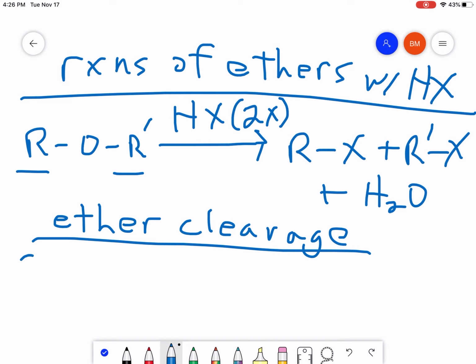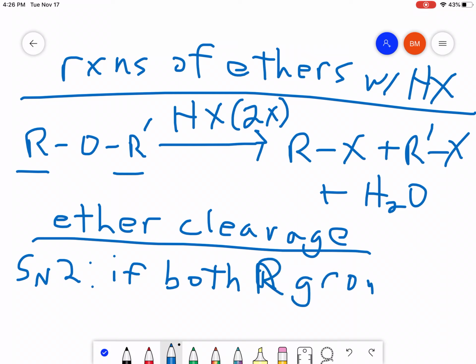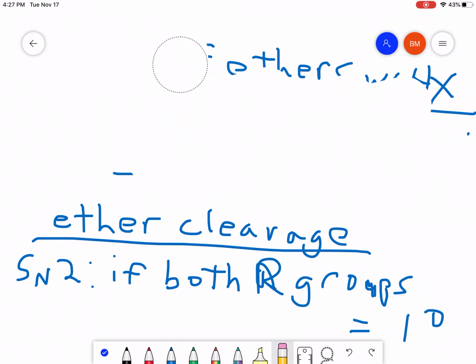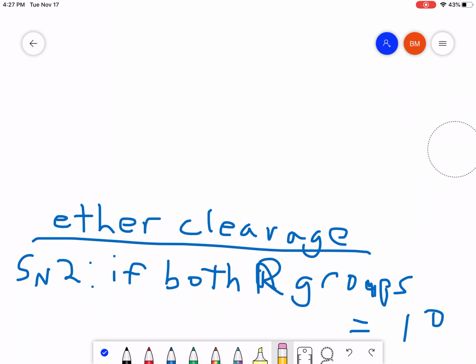For ether cleavage, here's when we get an SN2 reaction: if both your R groups are primary, then you're going to get an SN2 mechanism.